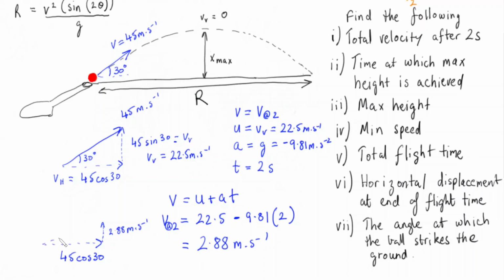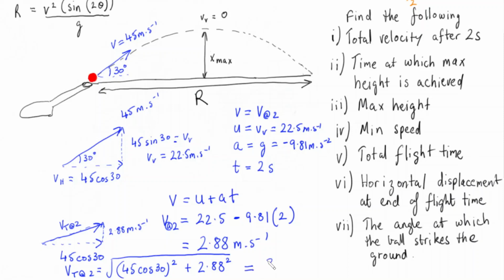So our total velocity will be 45 cos 30 squared plus 2.88 squared, and we'll take the square root of that to find the total velocity at 2, so Vt at 2. And if I plug these values into the calculator, I get 39.08 meters per second.